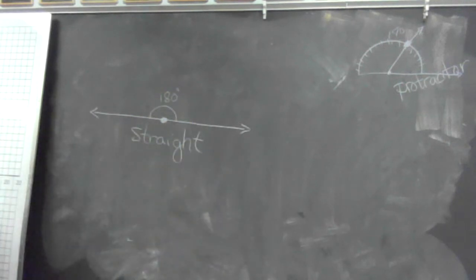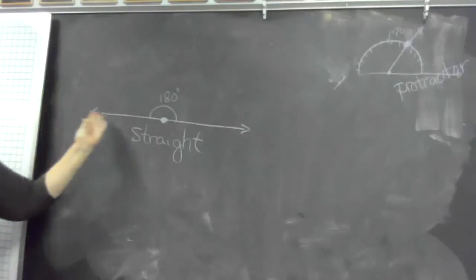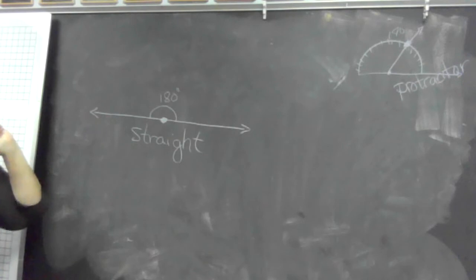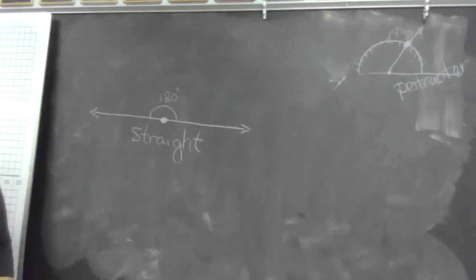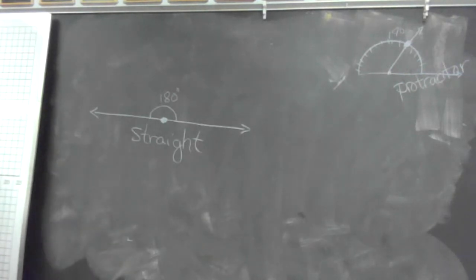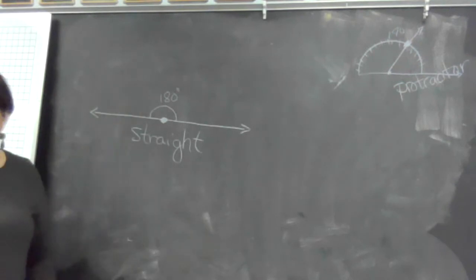This is something that you might want to remember. A straight angle, there is such a thing, and it measures 180 degrees all the time. Never changes. It's always 180 degrees.